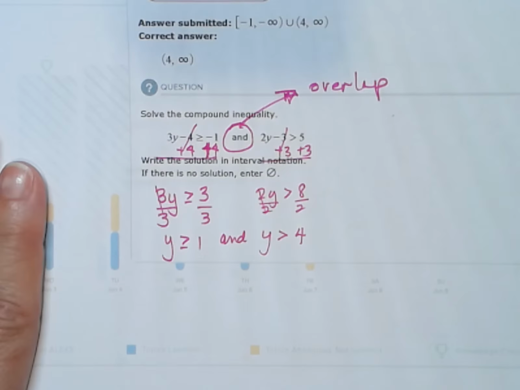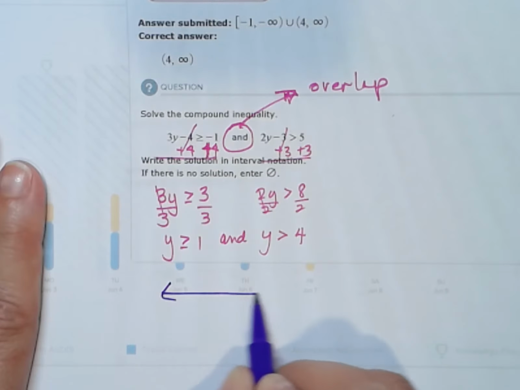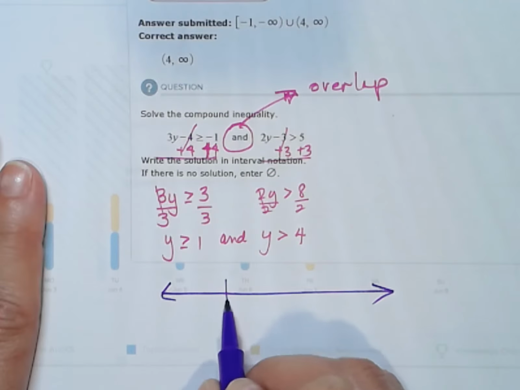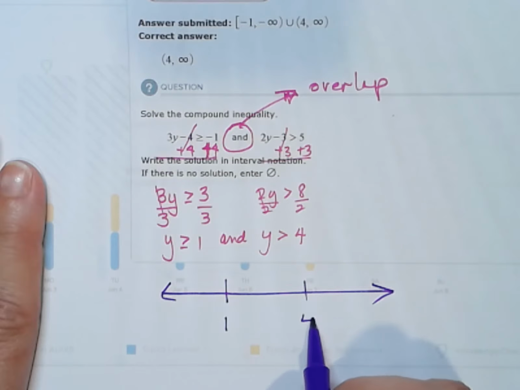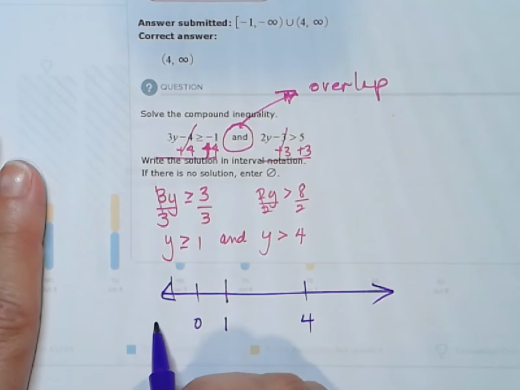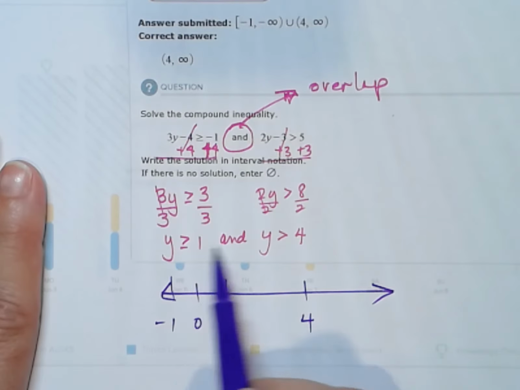Okay, so for this one, I will show my number line. So I need a 1, I need 4, 0 would be here, -1 would be there, okay, but I need just the 1 and the 4.